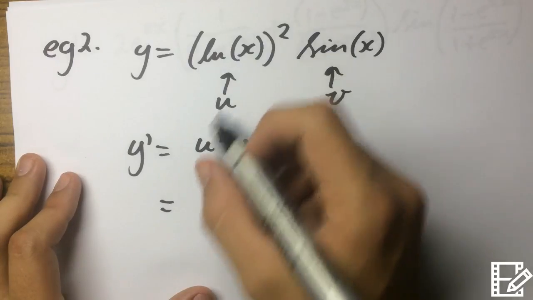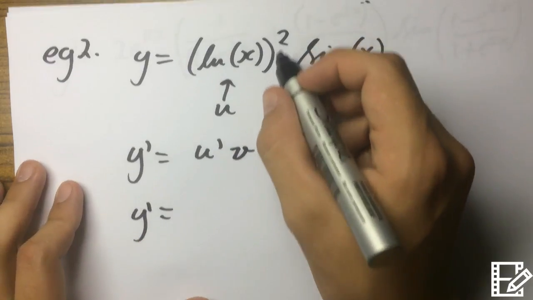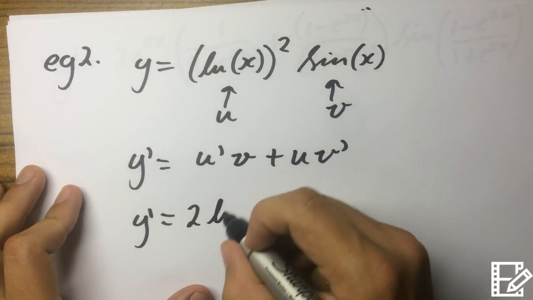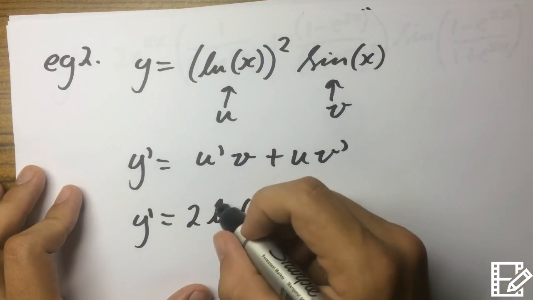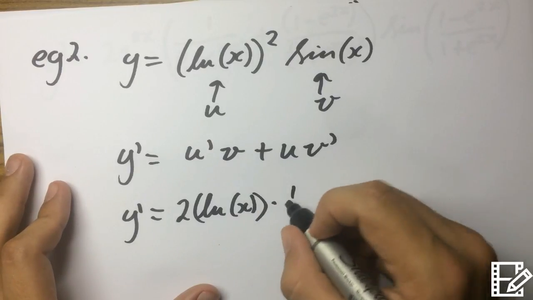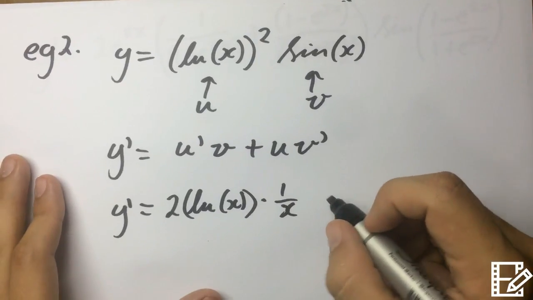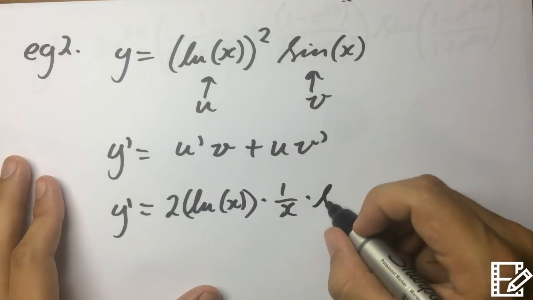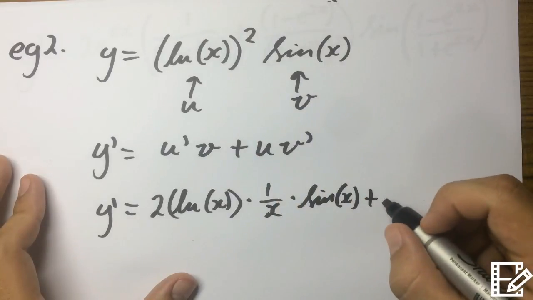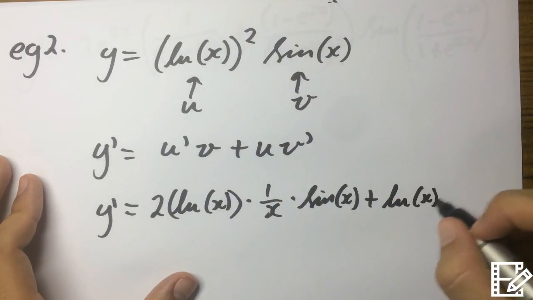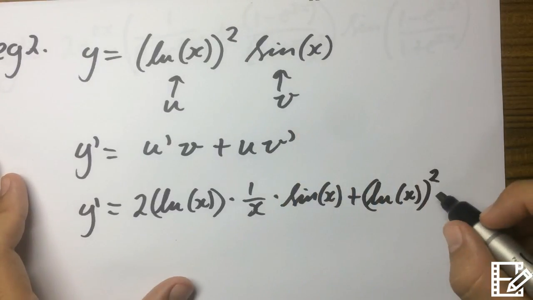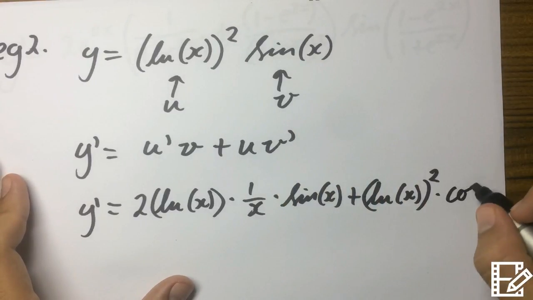The derivative of u, well, we're going to have to use the chain rule, so we're going to bring the 2 down, leave the inside the same, and then multiply by the derivative of the inside, which is 1 over x. Multiplied by v, sine x, plus u, which is (ln x) squared, multiplied by the derivative of v, which is cosine x.